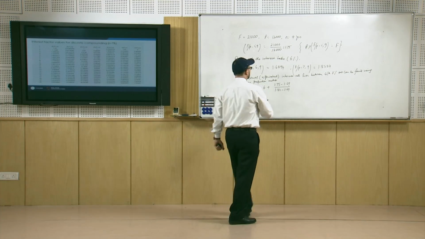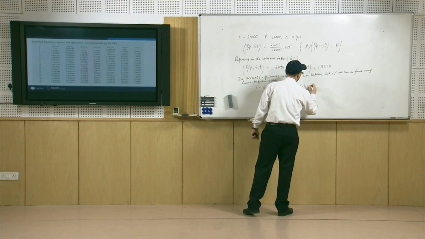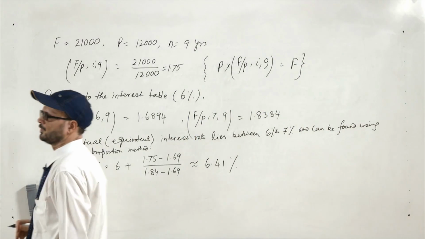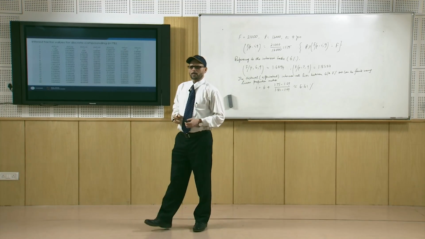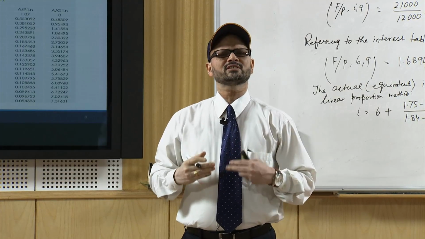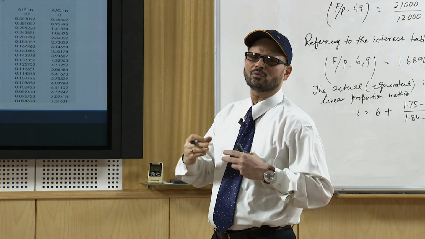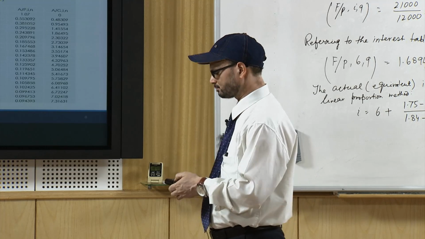So, this comes out to be something close to 6.41%. So, this way, when we need, we can use these interpolation or linear proportion methods to find the equivalent value of interest rates.